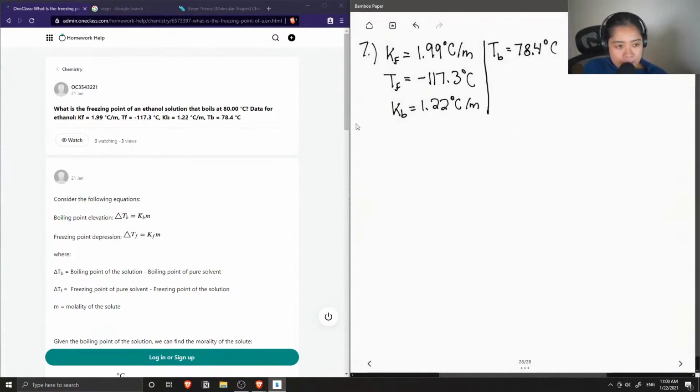So step 1 is to find the molality, which is M.